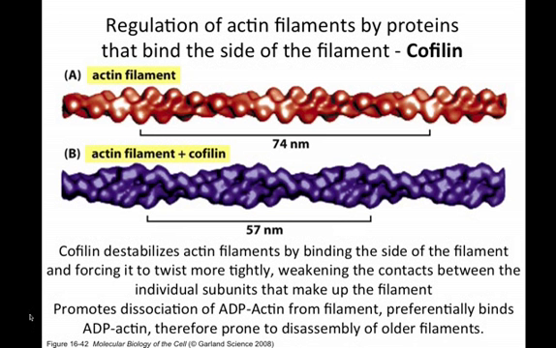So cofilin binds to the side of actin and it promotes dissociation of ADP-bound actin from the filament. It preferentially binds to ADP-bound actin. And so, therefore, you can make the assumption that it's going to promote the disassembly of older actin filaments.